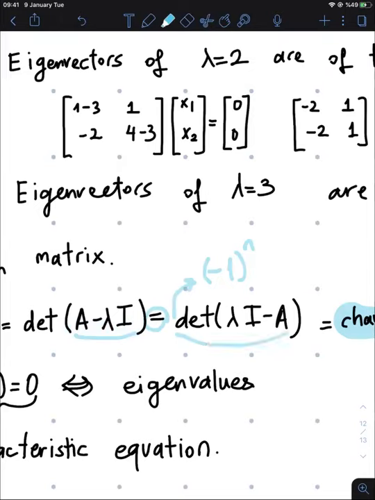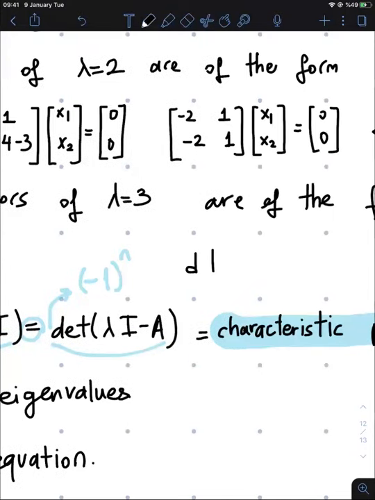If you recall the relation, the determinant of c times the matrix A, if this is an n by n matrix, is c to the power n times the determinant, right?